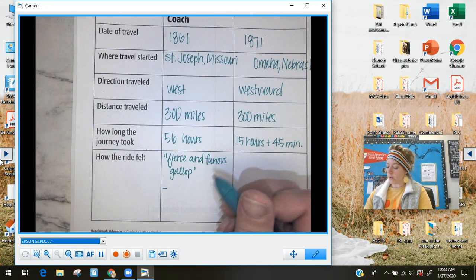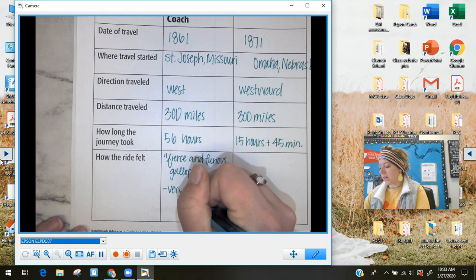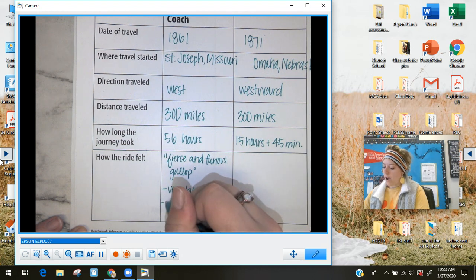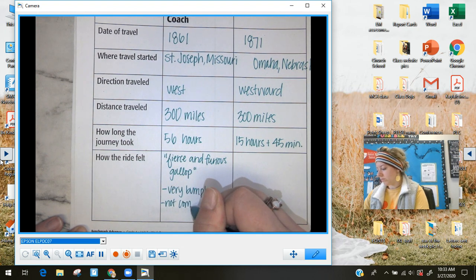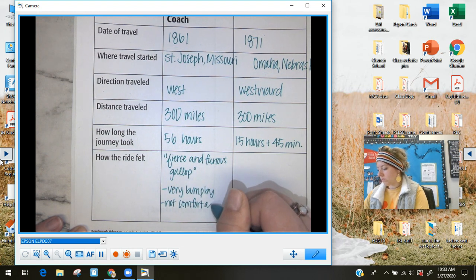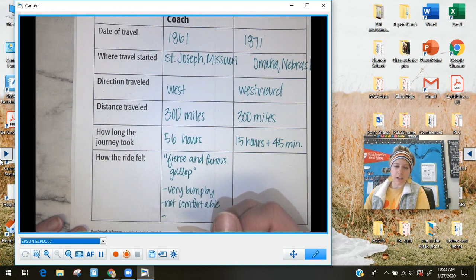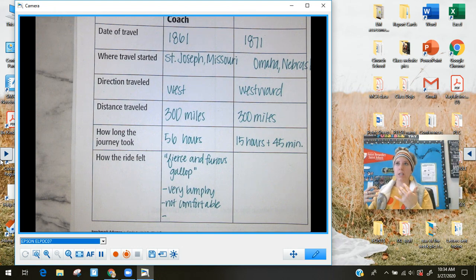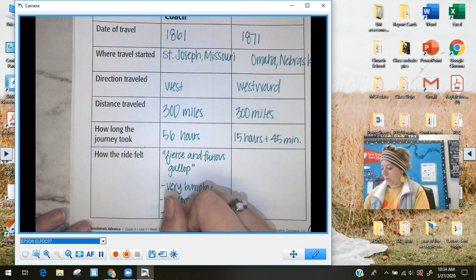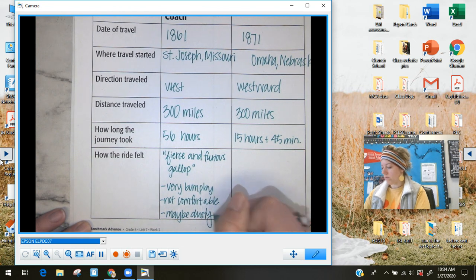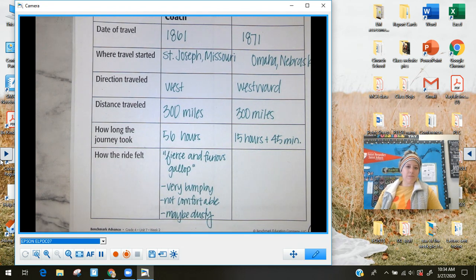You can write down some of your own words. I'm just going to write, I'm guessing it would be very bumpy, not comfortable, maybe even dusty because they're in a horse-drawn carriage. They have nothing around them really to keep them from the dust. So overall, not super pleasant, okay?